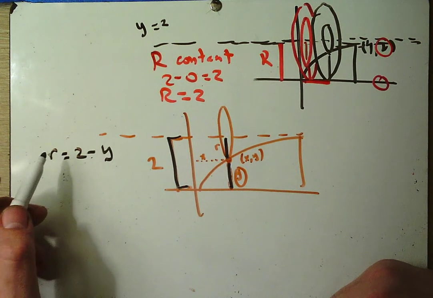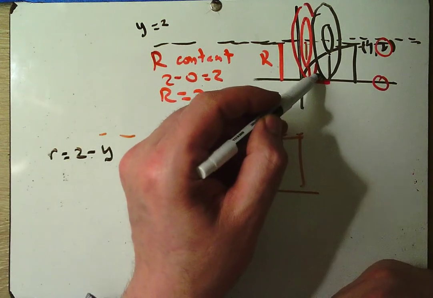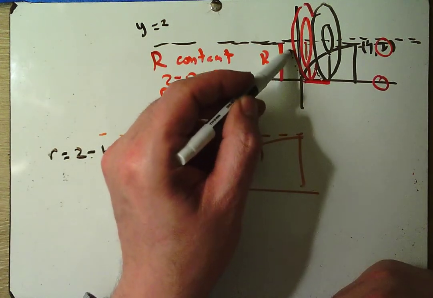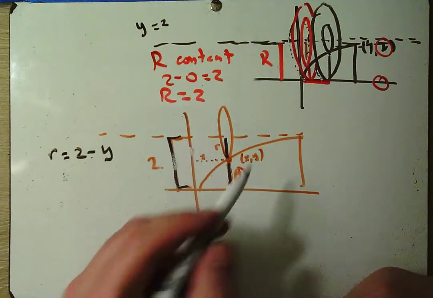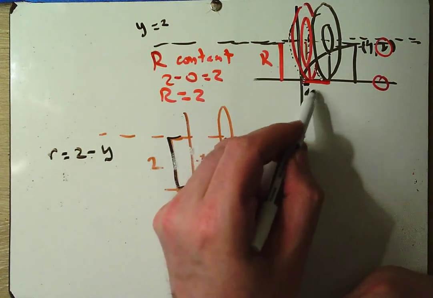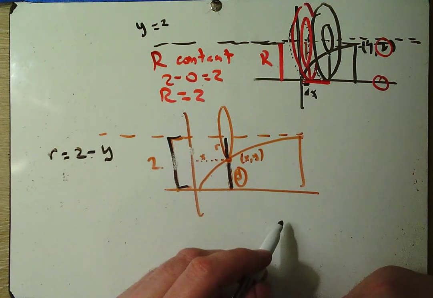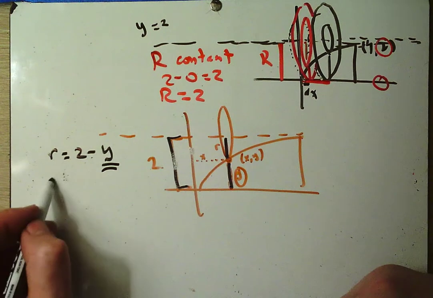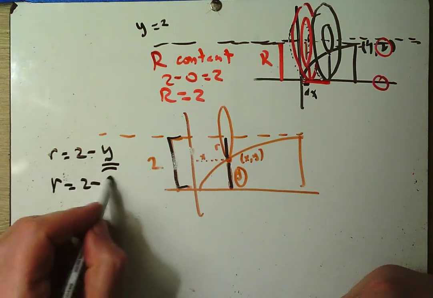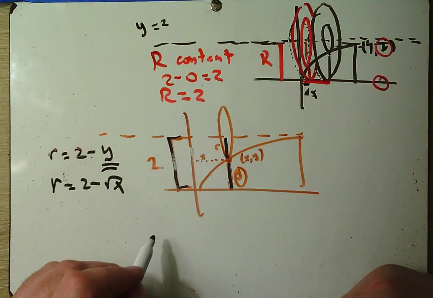But wait a minute. What's the integral going to be? Is this a dx or a dy? Well, if we measure the thickness of these slices, these are dx slices. So I don't want my information in terms of y. I need it in terms of x.